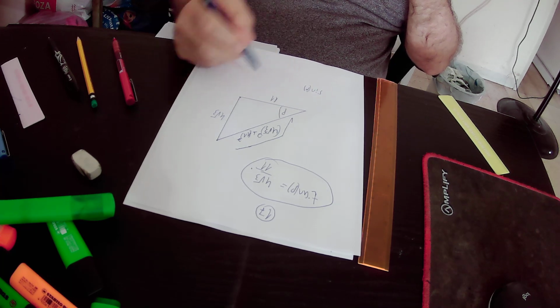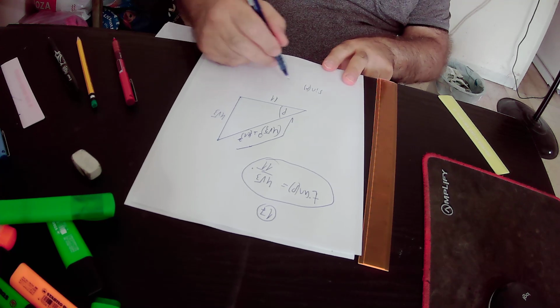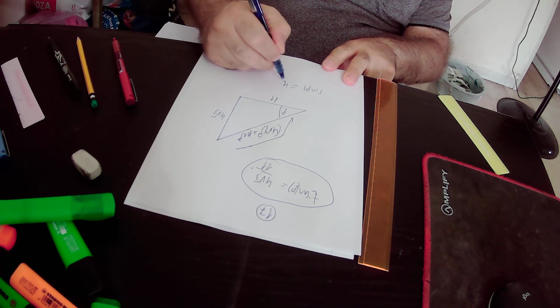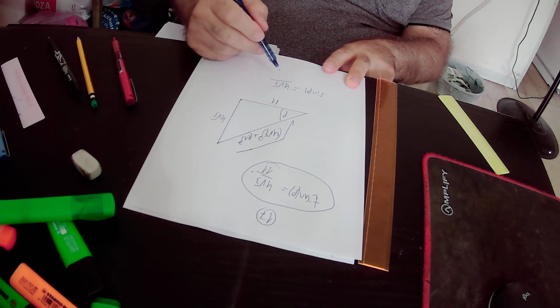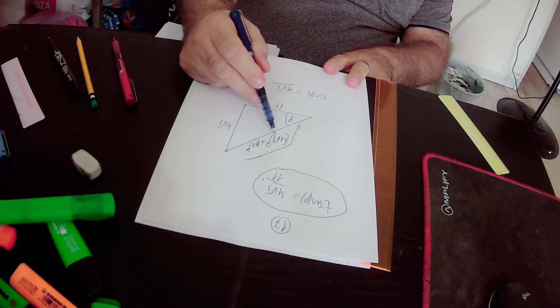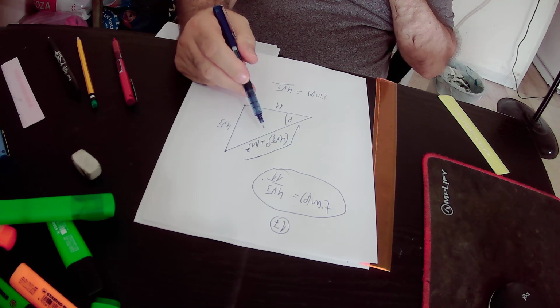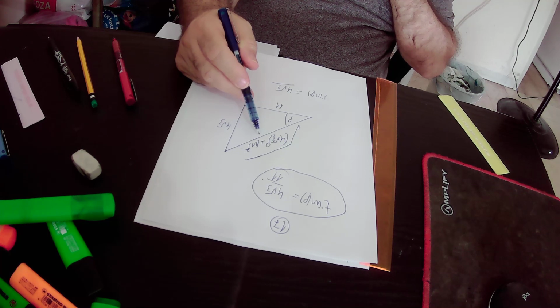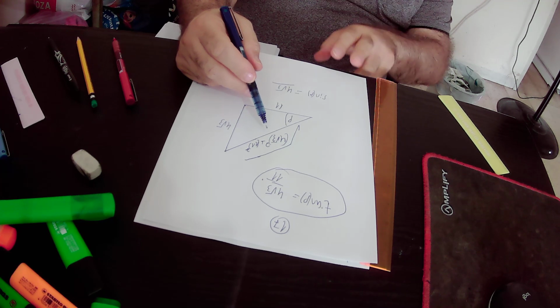Okay, so if we want to find the value of sine P, it equals the side in front of angle P, that is 4 times root 3, over the hypotenuse, that is the root of (4 times root 3) squared, which is 48, plus 11 squared, which is 121. 121 plus 48 is 169, and the root of 169 is 13.